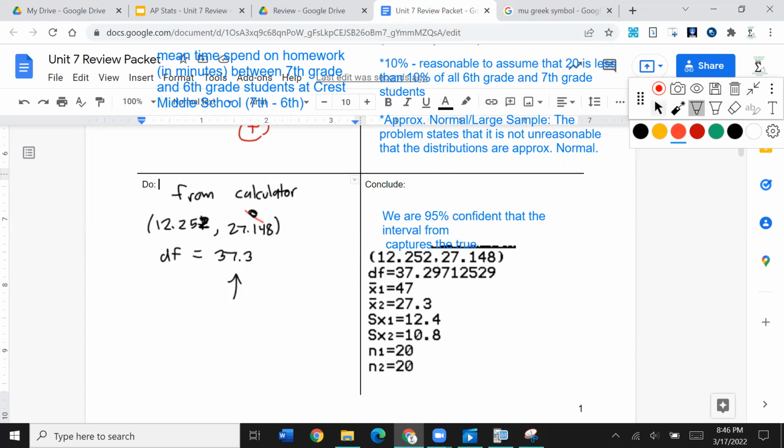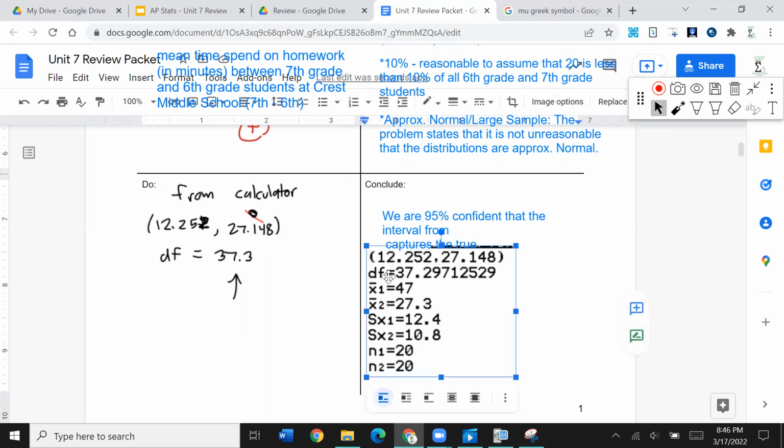And then from here, we're just going to restate that problem. So let me get rid of that real quick.